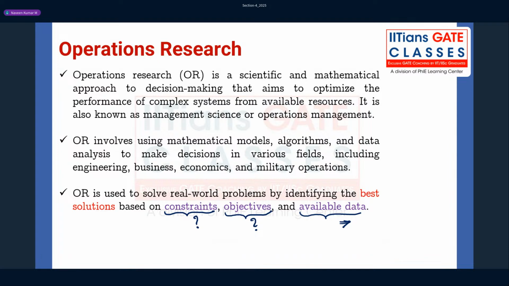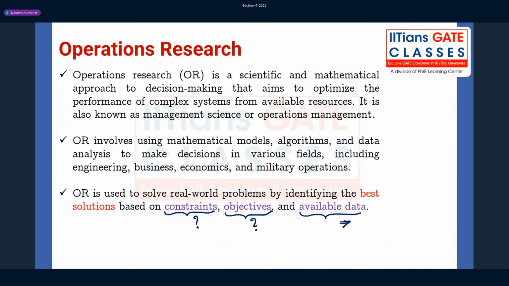Let's say you're preparing for GATE: the objective is to get a good rank. What are the constraints? Time might be a constraint, resources might be a constraint, money might be a constraint. What is the available data? Data is what you have right now. Let's say you have a certain amount of knowledge in a certain topic and you don't have much knowledge in another topic. That is the present situation. That is your data.